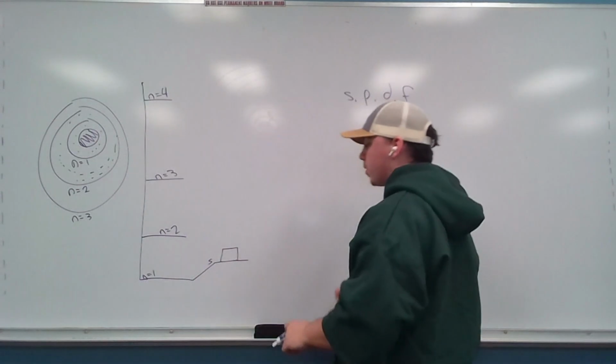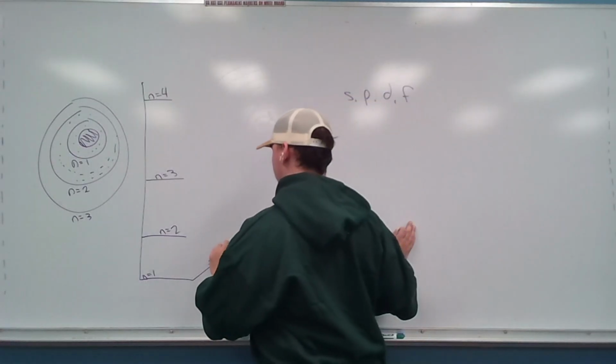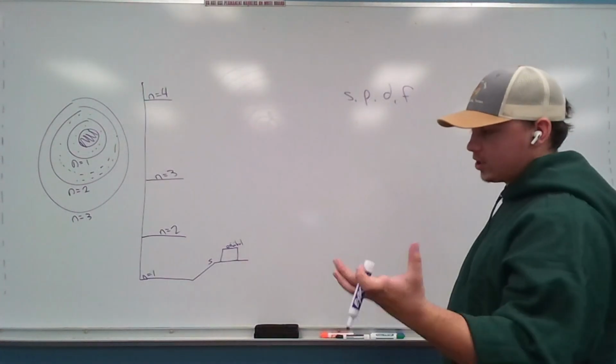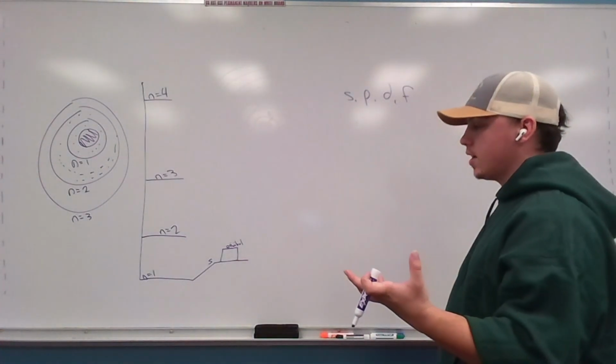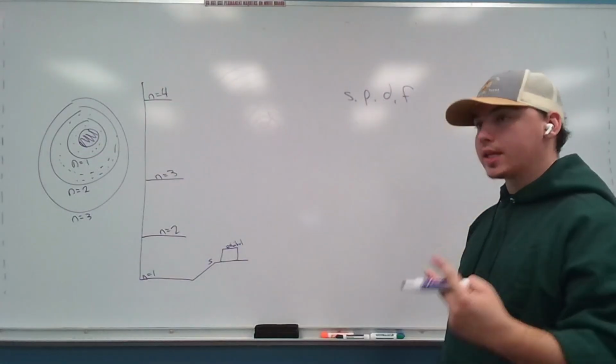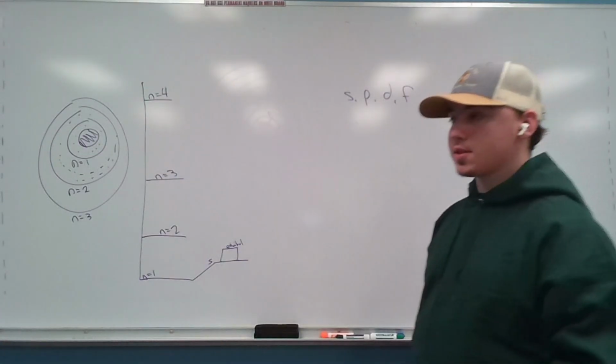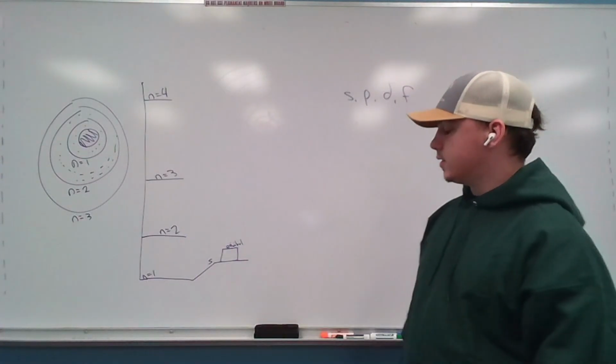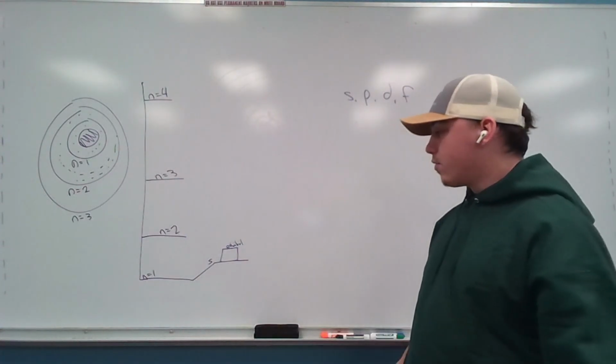This is our orbital. Now, every orbital is what holds our electrons. The box is a compartment for electrons, and every orbital can hold 2 electrons. This is where we stick them.